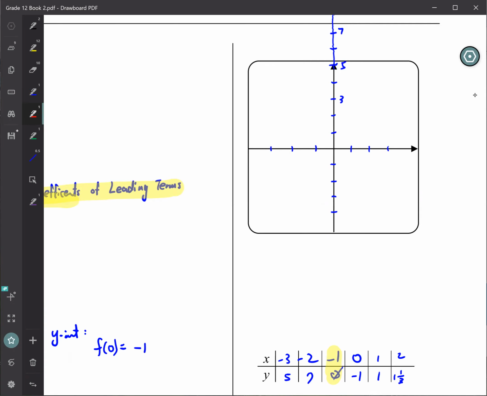Okay, so double check your table with Cindy's table here. If you have something different, you can let us know.